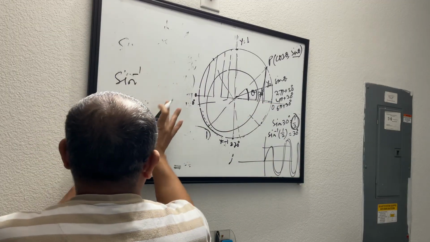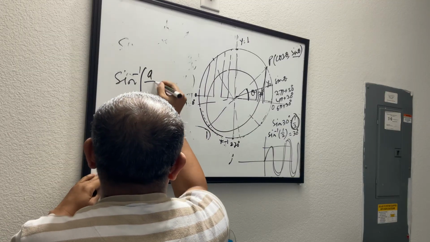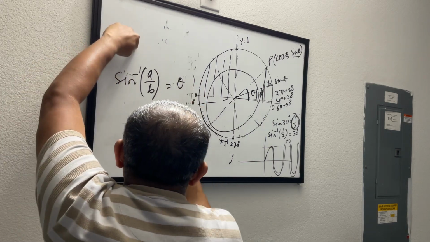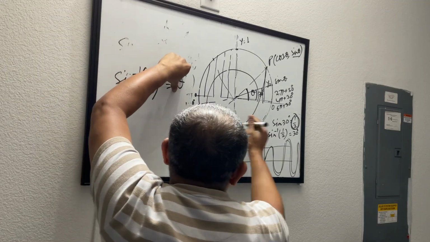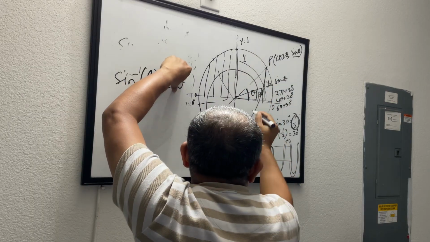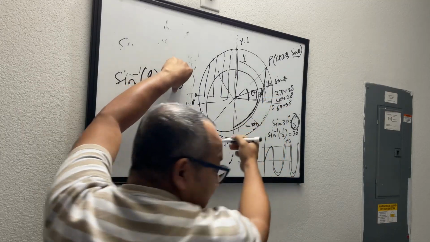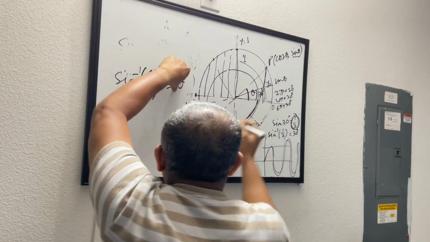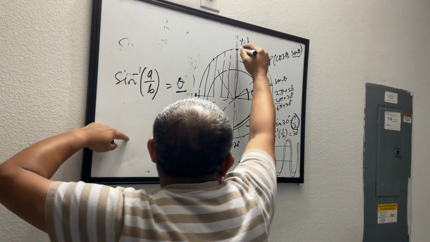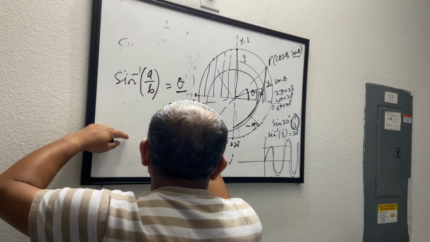So if I'm talking about sine inverse of, let's say, A over B, then when it comes to the angle, I am good with up to 90 degrees to get a maximum of 1, and I am good with minus 90 degrees, because when we are going clockwise, we are measuring the angle in negative value, right? So you can say my range is restricted between pi over 2 and minus pi over 2.